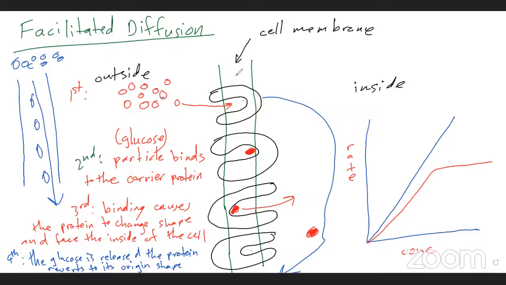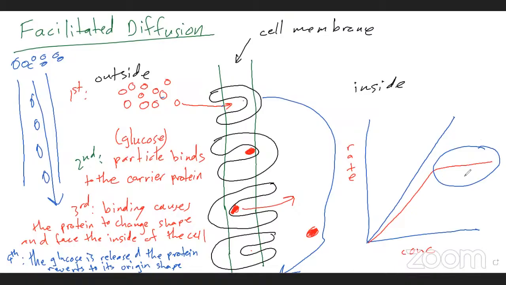But with the carrier, the proteins are actually binding to them and then releasing them, similar to an enzyme. Once it gets constant, it means that the protein is slowing the process. So if the concentration is increasing, as you can see here, right?